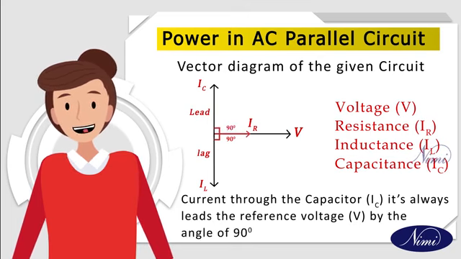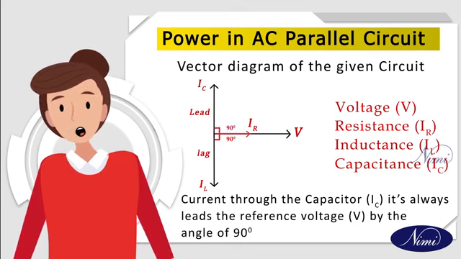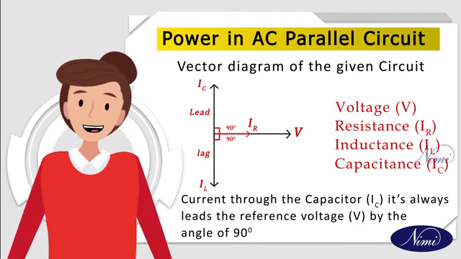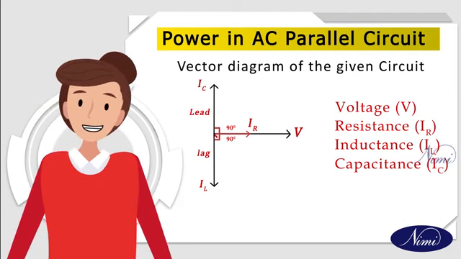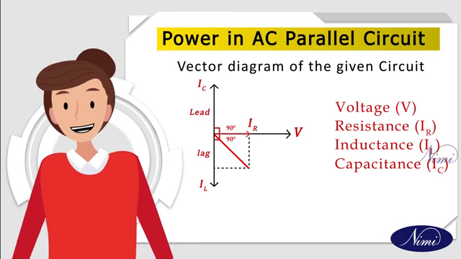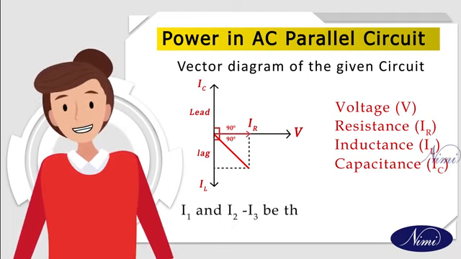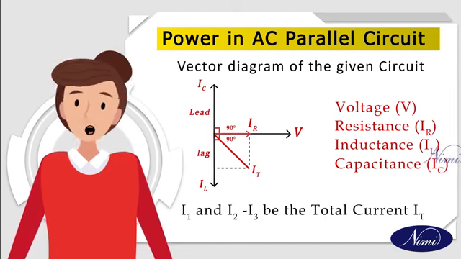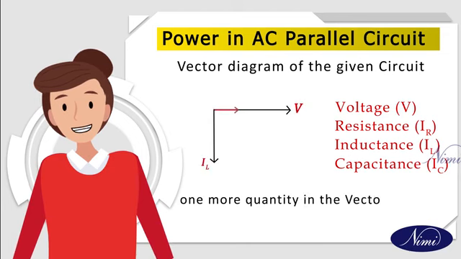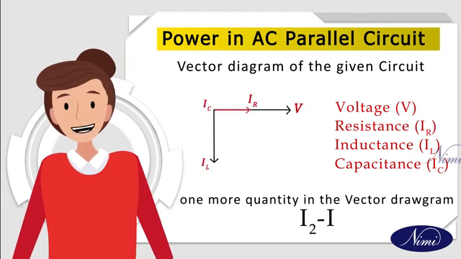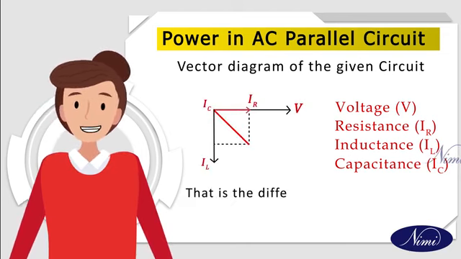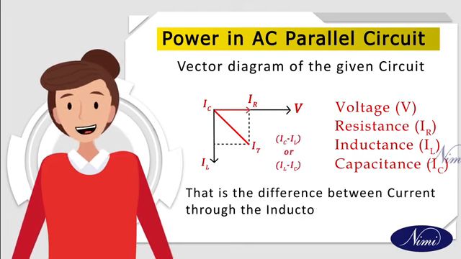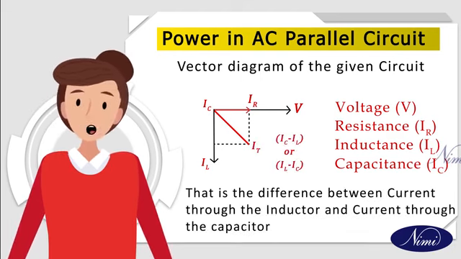So it is in the opposite direction of the inductive current. So the resultant of the currents I1 and I2 minus I3 is the total current IT. Here we have one more quantity in the vector diagram, that is I2 minus I3. That is the difference between the current through the inductor and the current through the capacitor.